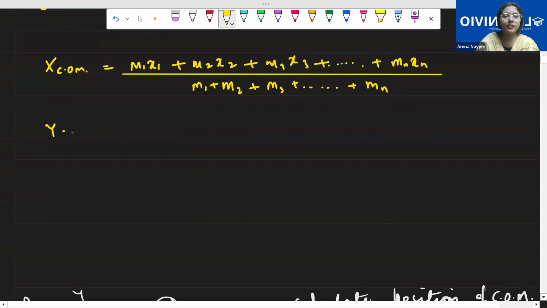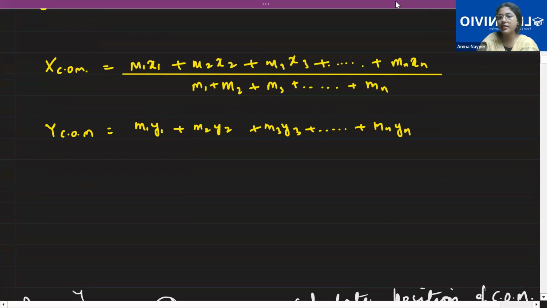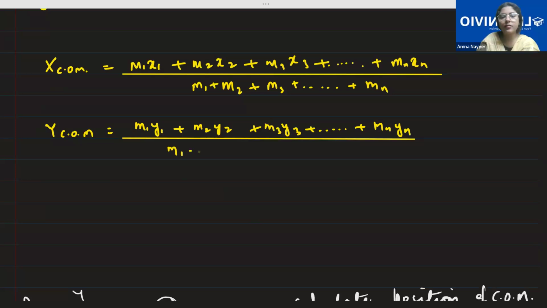Then the y-axis center of mass: M1y1 plus M2y2 plus M3y3 and so on till Mn yn. When you write the total sum, it will be M1 plus M2 plus M3 up till Mn.